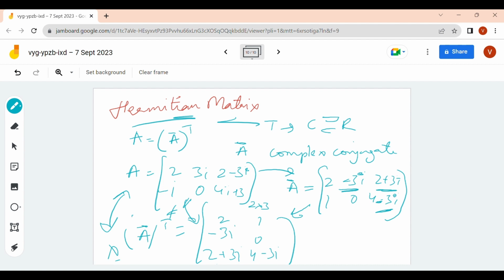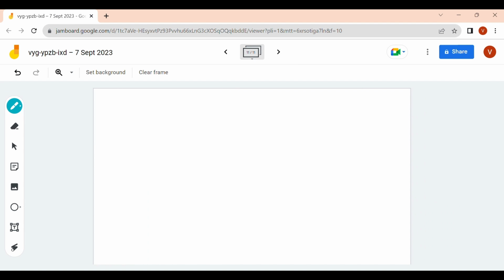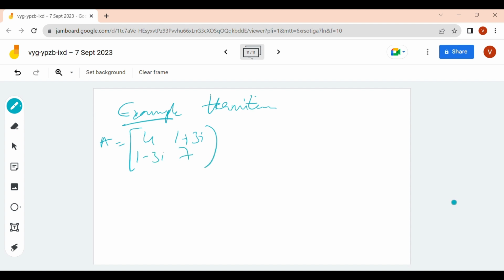Let me give you a proper example for a Hermitian matrix. Let's take A equal to 4, 1 plus 3i, and 1 minus 3i, and 7.